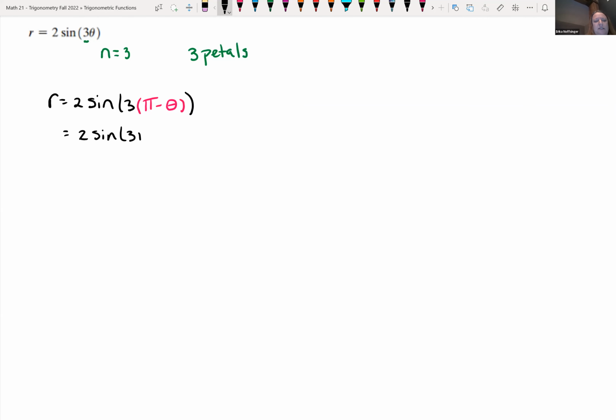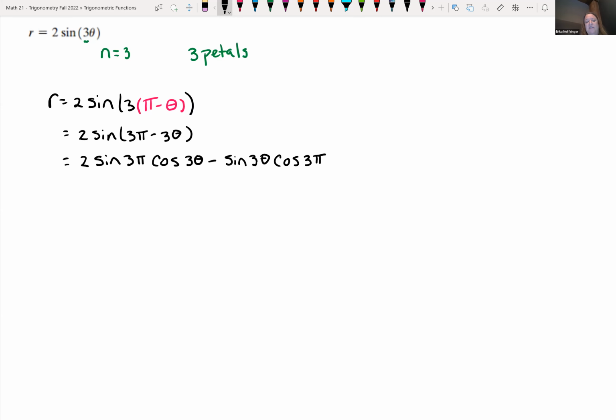So I have a difference of 2 angles, and I can rewrite my sine function using the formula for the difference of 2 angles for sine. I would get 2 times the quantity sine of 3 pi times cosine of 3 theta minus sine of 3 theta times cosine of 3 pi.